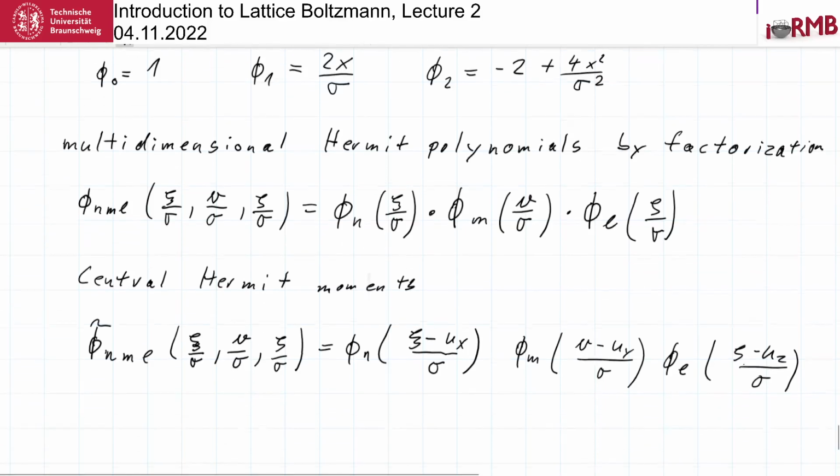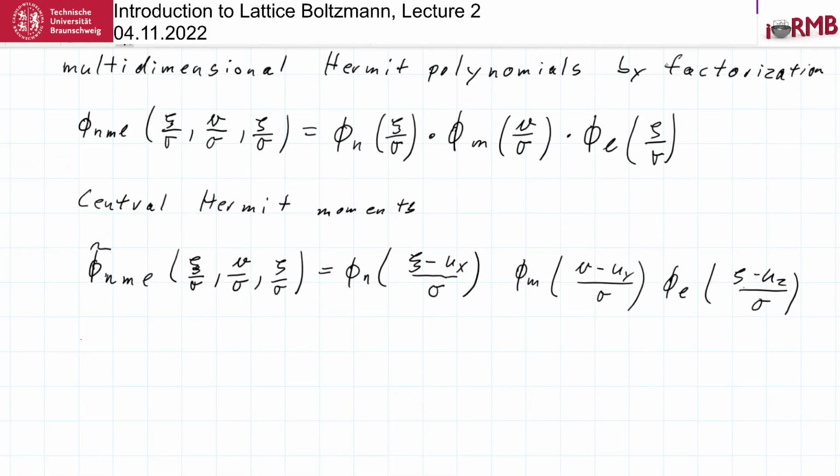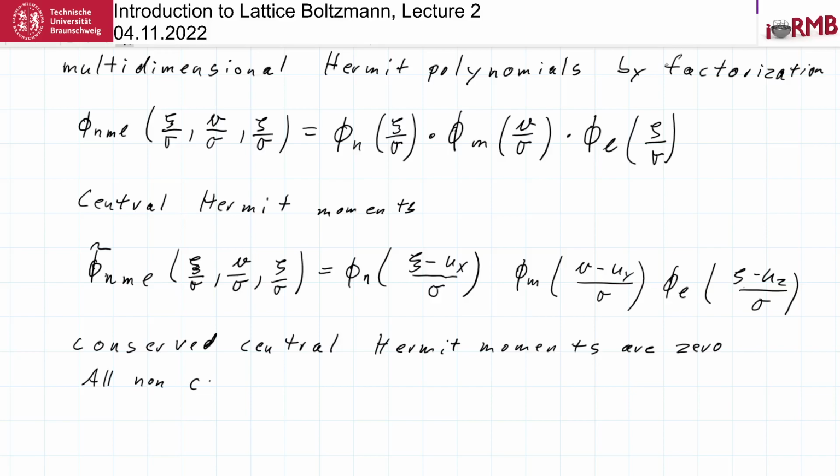Okay, we're running out of time, but I have just two sentences I want to write down now: the conserved central Hermite moments are 0, and all non-conserved central Hermite moments of the equilibrium are 0.